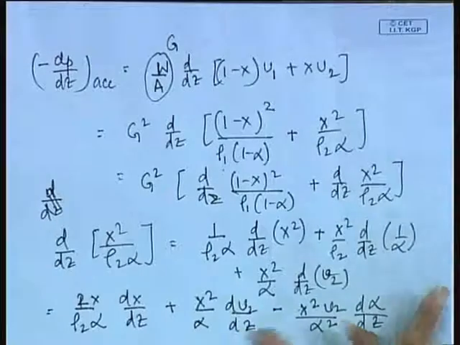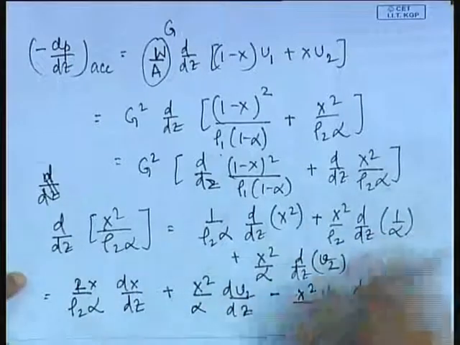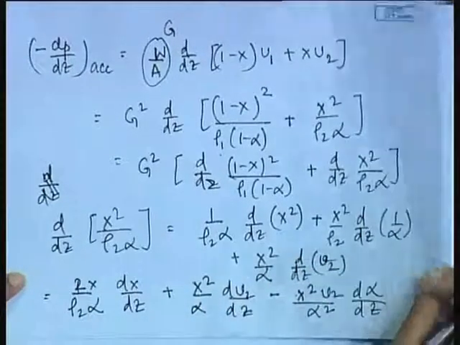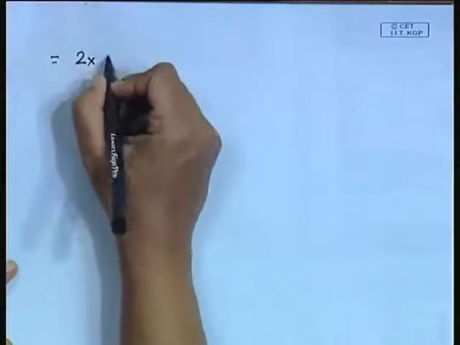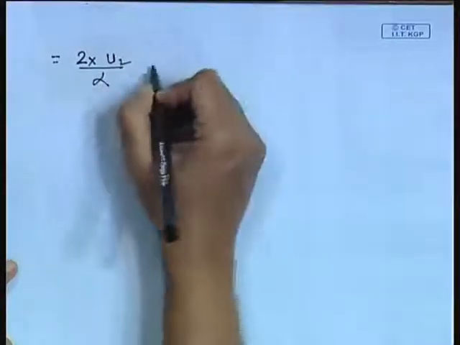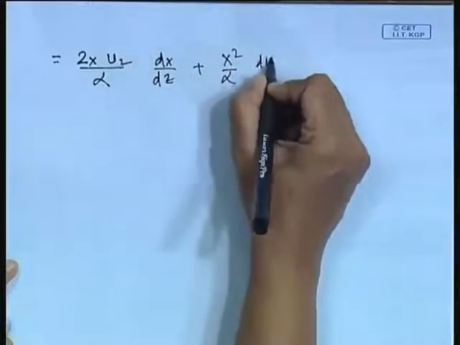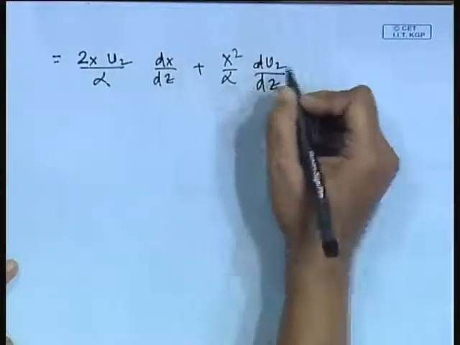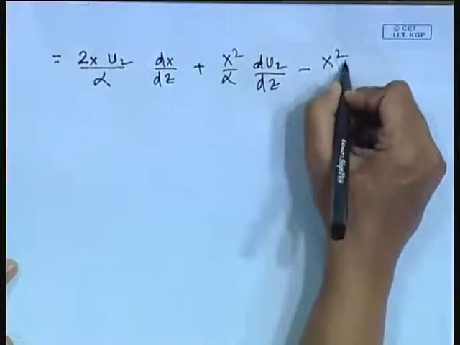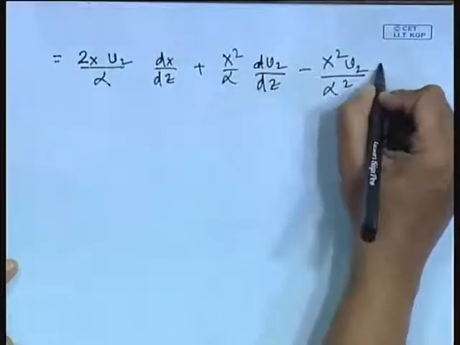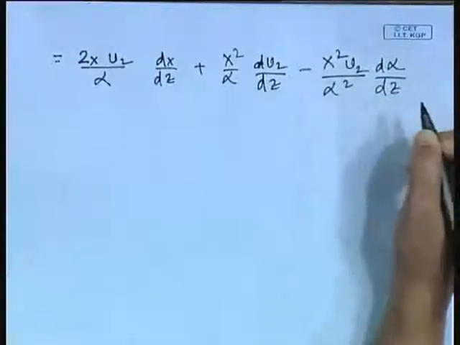Okay. So, now from here what do we get? From here we get this is nothing but 2x v2 by alpha, or in other words if we just transform everything into v2, then in that case this simply gives you 2x v2 by alpha dx dz plus x square by alpha dv2 dz minus x square v2 by alpha square d alpha dz.